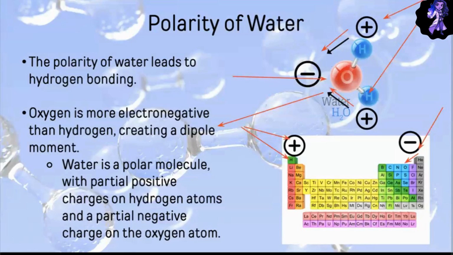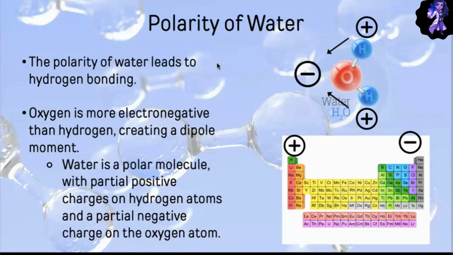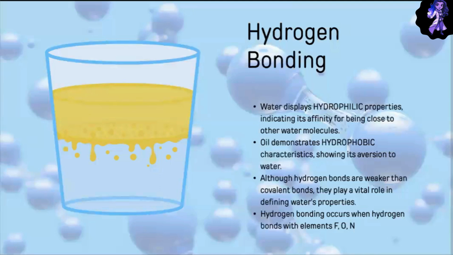Now, because it is polar, it's important to note the idea of what water really attracts in general. Hydrogen bonding. There is hydrophilic versus hydrophobic properties. So, hydrophobic is water fearing.